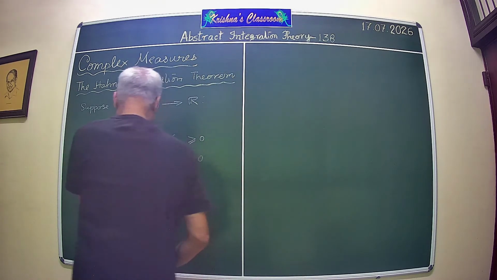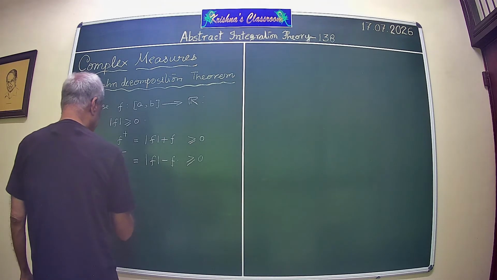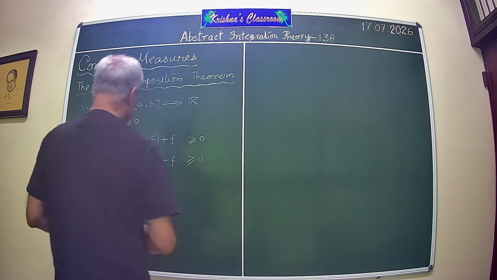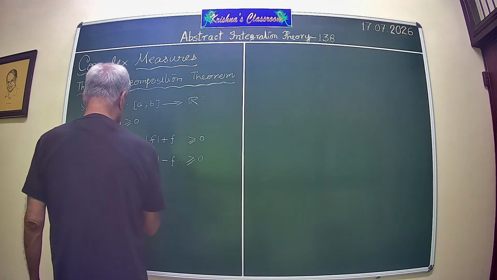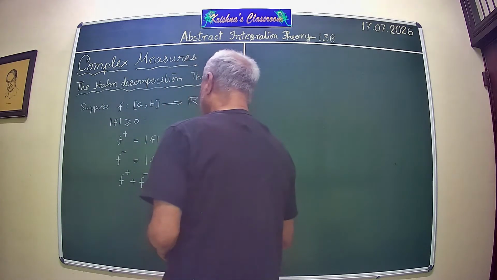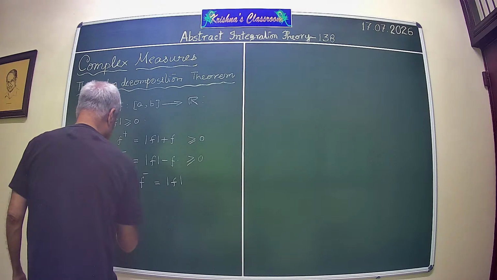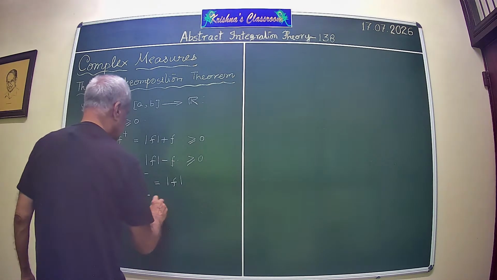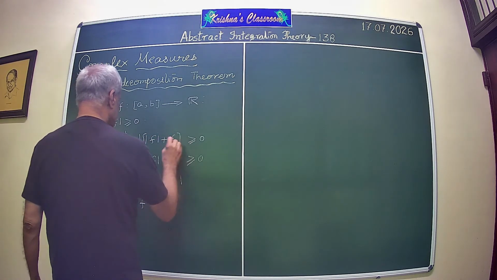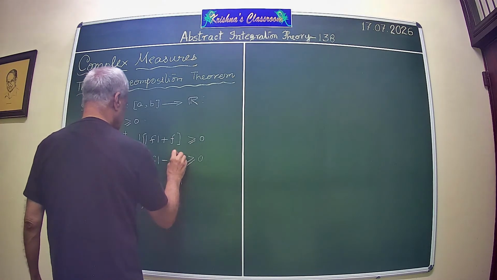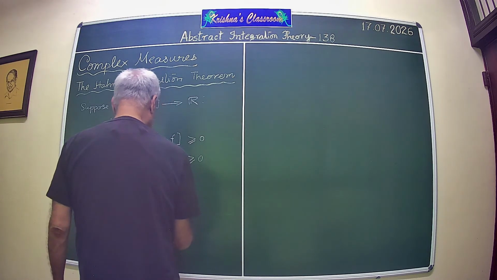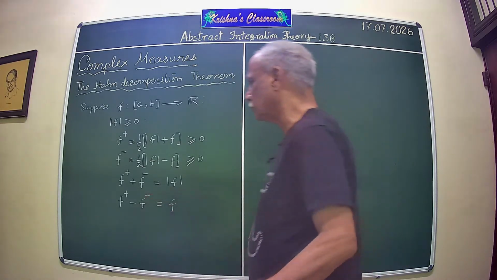Now you can immediately verify the following: f plus plus f minus is equal to mod f, and f plus minus f minus equal to f, so f can be split into the difference of two non-negative functions.